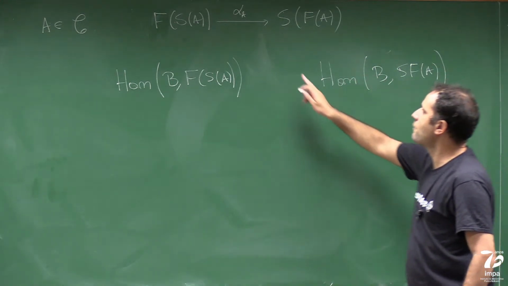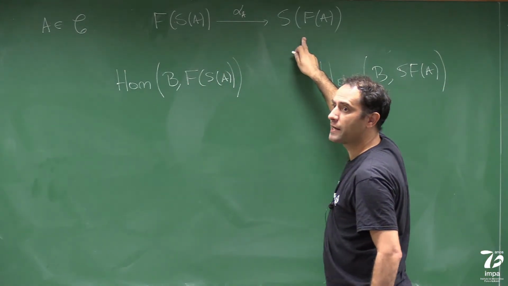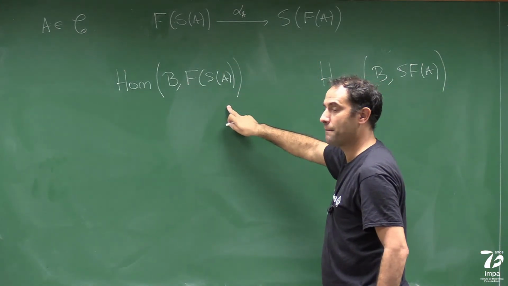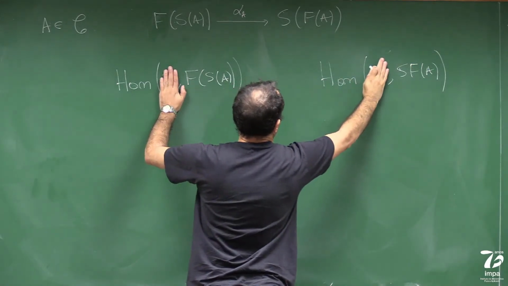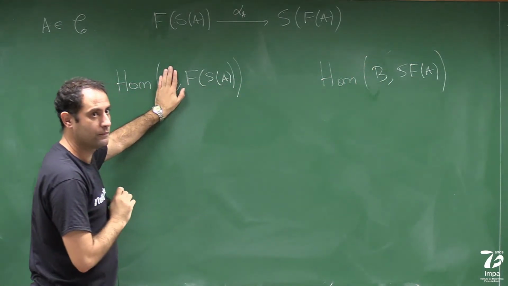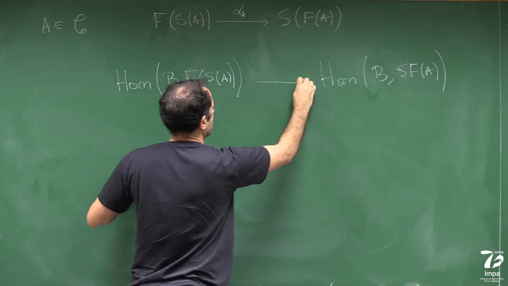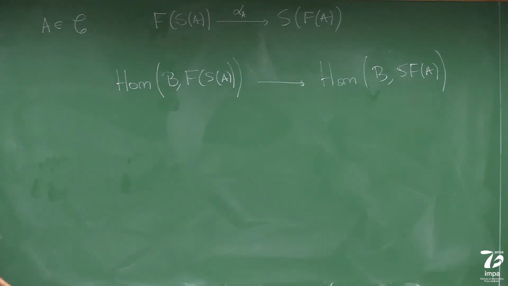And to give you a morphism between these guys is the same thing as giving you a morphism of these functors, which is the same thing as giving you a morphism for these Homs, which is compatible with morphisms from B to B prime. Okay, but so let's do this now. How do I do this now?